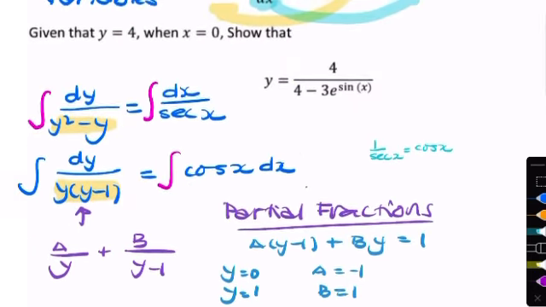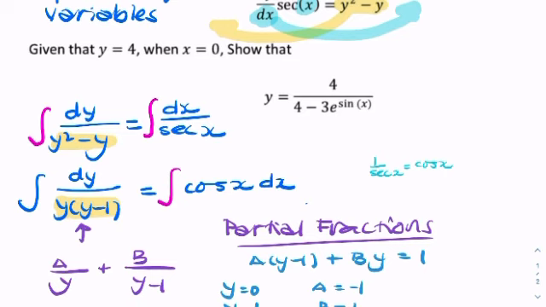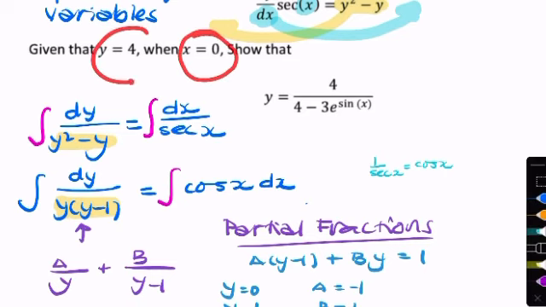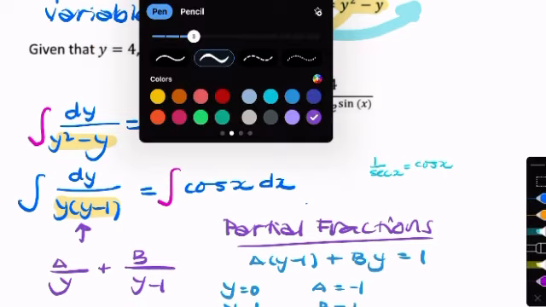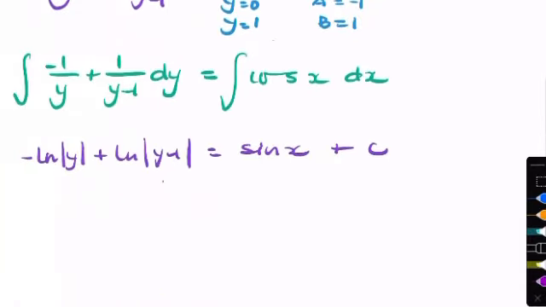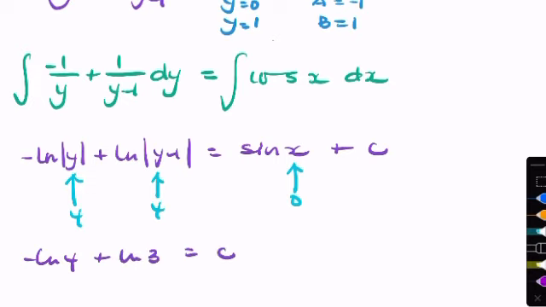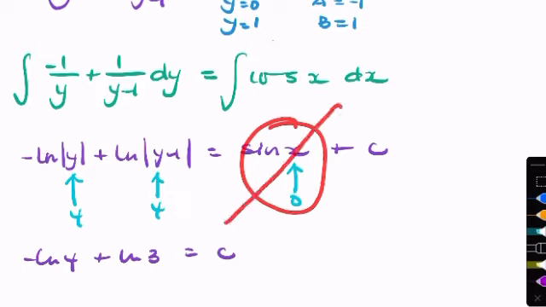And the question tells us that when x is 0, y is 4. So we can substitute x is 0, y is 4. That will give me minus log 4 plus log 3 equals c, because sine 0 is 0.